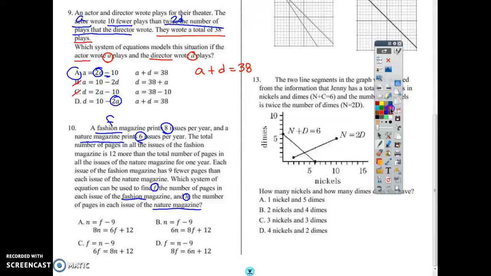So again, 8 goes with F and 6 goes with N. So let's eliminate some answer choices. 8 goes with F. Look at the answer choices. 8F. D is right. B is right. A and C are wrong because it says 8N. Okay?